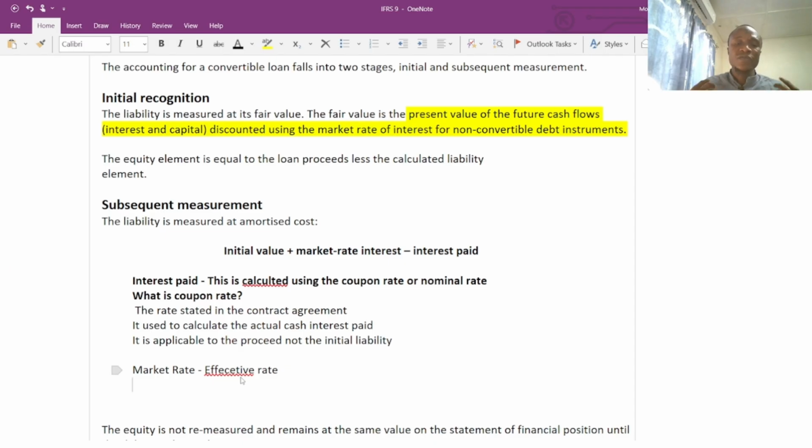For example, if I want to take out a $10,000 loan from the bank, the bank will give me 10%, for example. If someone else wants to take out the same amount of loan, the bank will give that particular individual the same 10% loan. So that rate is what we refer to as the market rate. Very important. This is the interest rate.